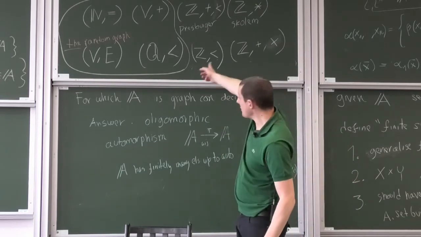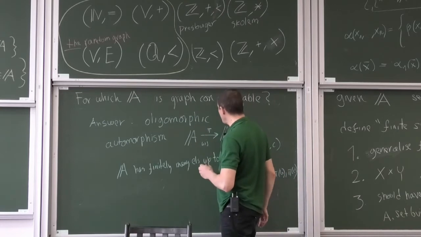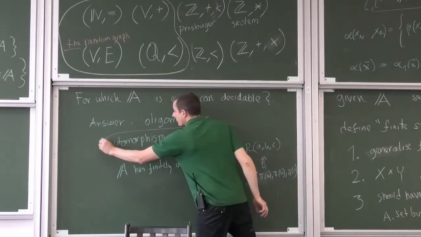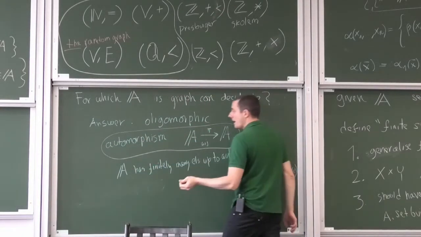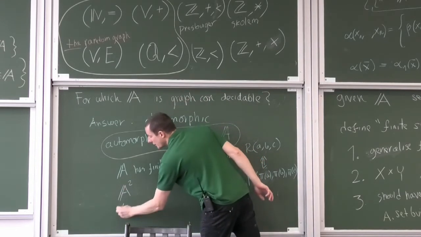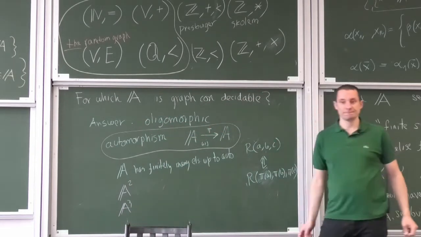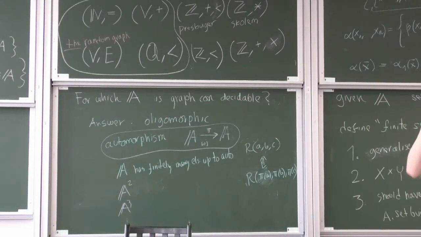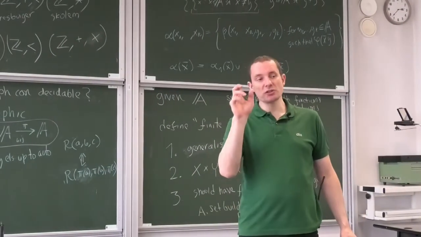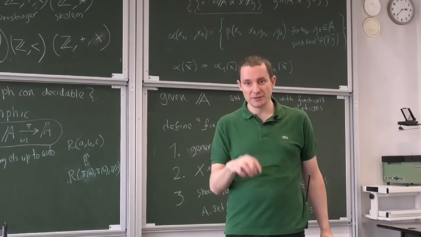So it may be oligomorphic. No, but it's not. Well, it's outside the group, so it cannot be. Because the definition of oligomorphism says that this is true not just for A, but also for A squared, and also for A third, and so on. So for every power, up to automorphisms there are finitely many elements.